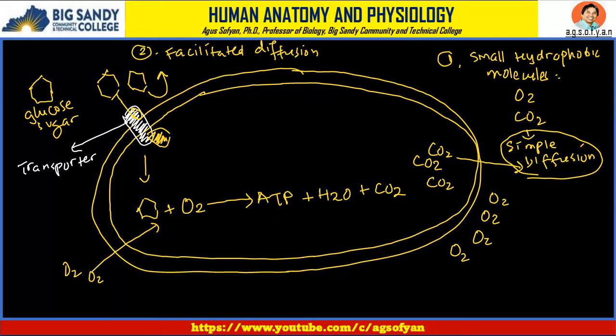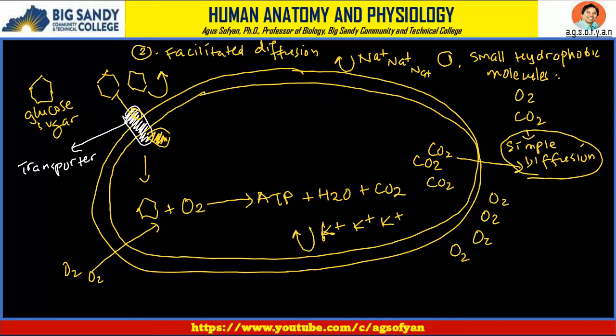Now, how about ions? Remember, we have a lot of sodium ions outside the cell, and we actually have more potassium ions inside the cell. So these ions can move in or out of the cell. However, because ions are polar molecules, they will not be able to cross the plasma membrane.